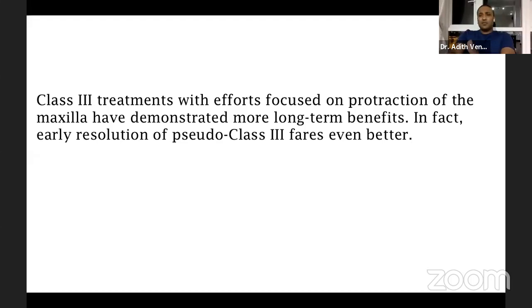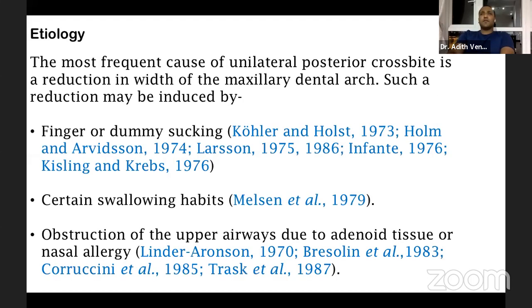Now let's go on to why some subjects have this pseudo class 3. There are many theories, and one of the most conflicting is: is a pseudo class 3 dependent on the occlusion? Is the occlusion a relative factor which influences the pseudo class 3 or the functional shift?